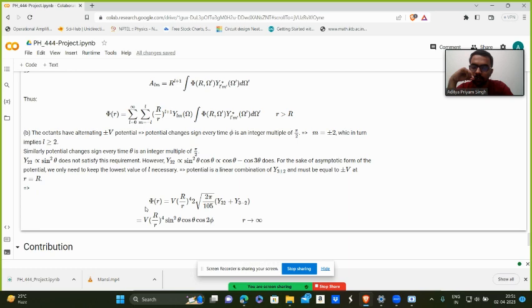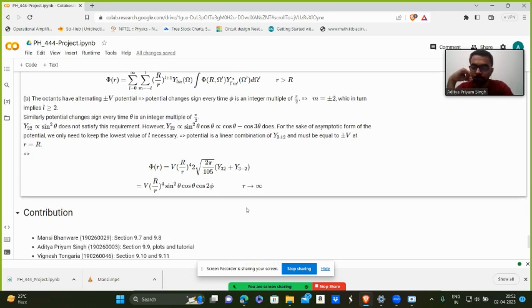So this is our final asymptotic potential as r tends to infinity. With this, we conclude our presentation. Thank you.